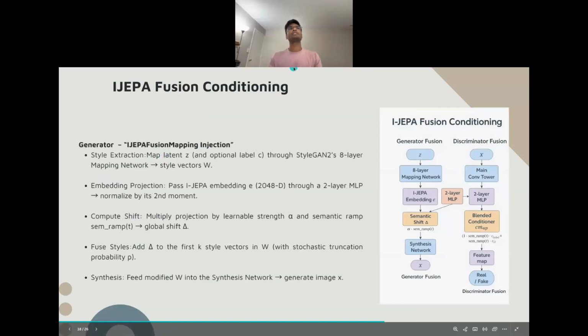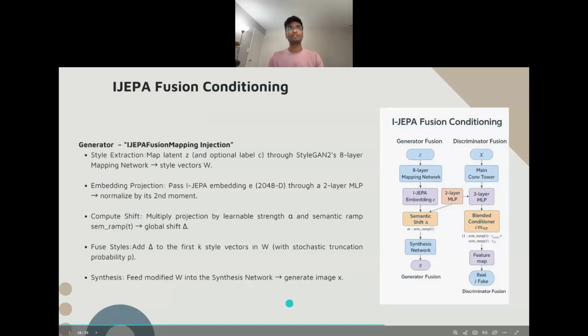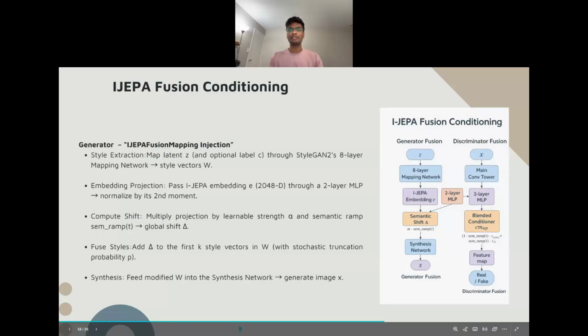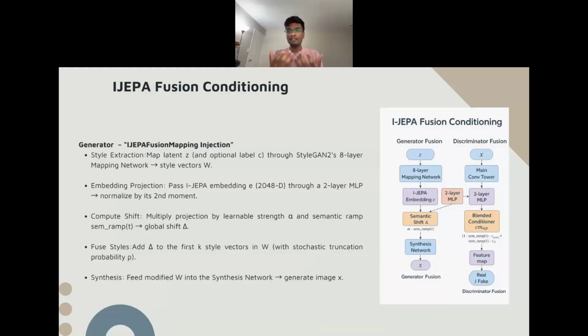To finally come to the I-JEPA fusion conditioning, this is the method that we actually introduce. Starting with the generator, we have the latent vector z, which is mapped through the usual 8-layer mapping network to produce the style vectors w.